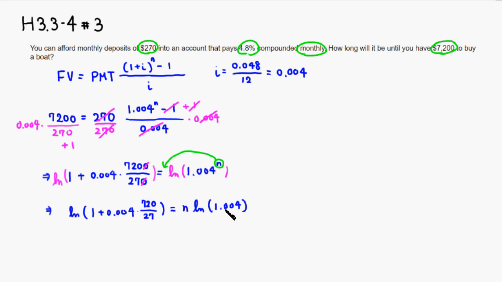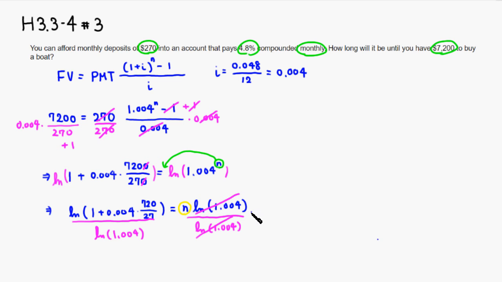Then we divide both sides through by the natural log of 1.004, and you can cancel this and that. Then you have just n by itself, so we need to compute that value.